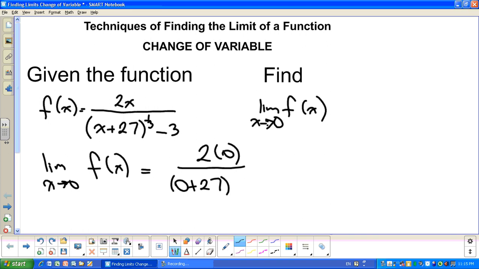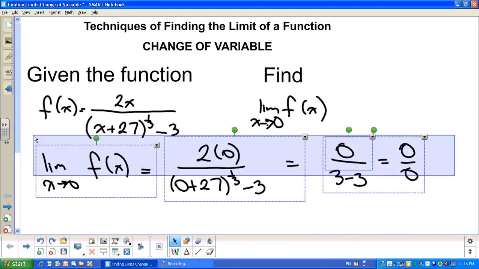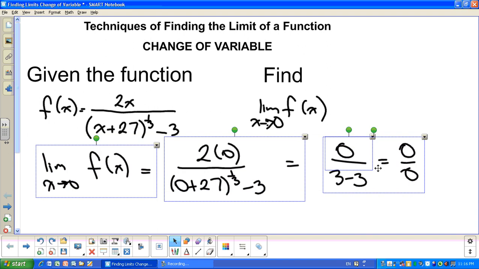Do we end up with an indeterminate form or not? It's going to be 0. 2 times 0 is 0. 0 plus 27 is 27. To the power of 1 over 3, that's a 3. Minus 3, that's a 0 over 0. It is indeed an indeterminate form.